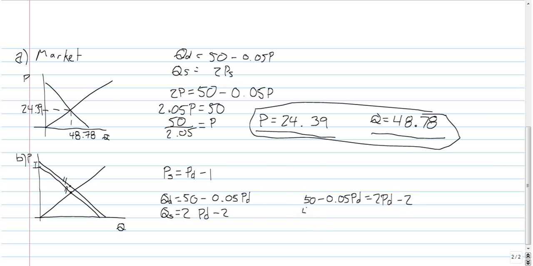We'll make this 52 equals 2 PD plus 0.05, so 2.05 PD.